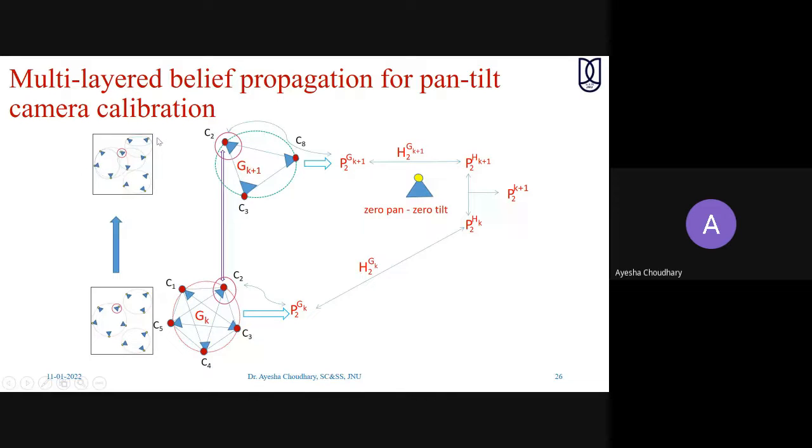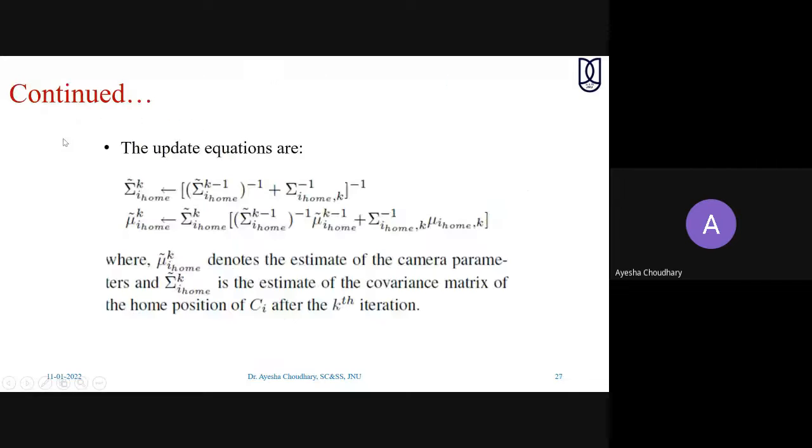Finally the update equations become consistent and we get the camera matrix for every camera in the network with respect to the same world coordinate system. Here the update equations are dependent on the parameters at I home for k minus 1 and the parameters at I home at k.